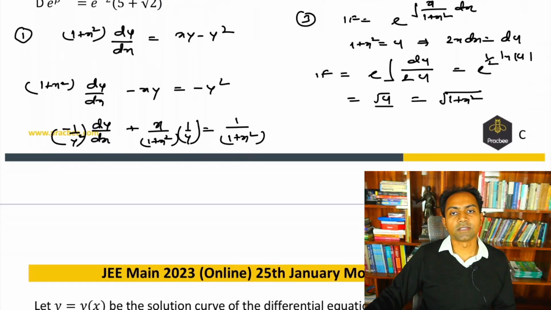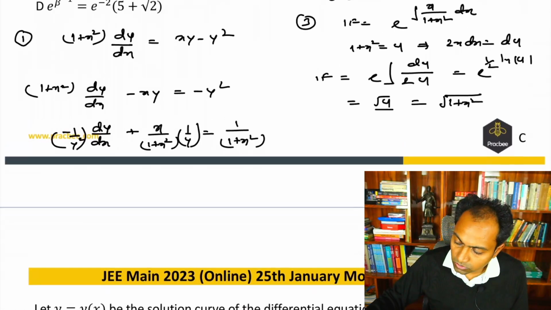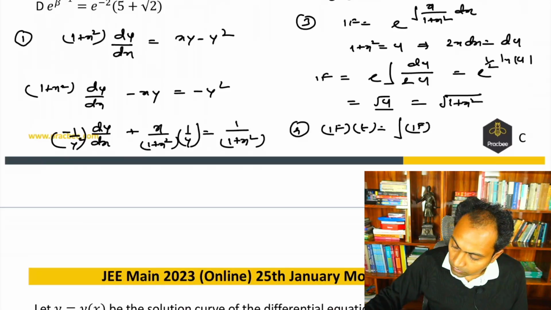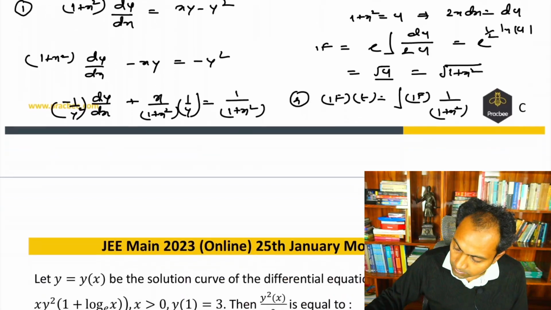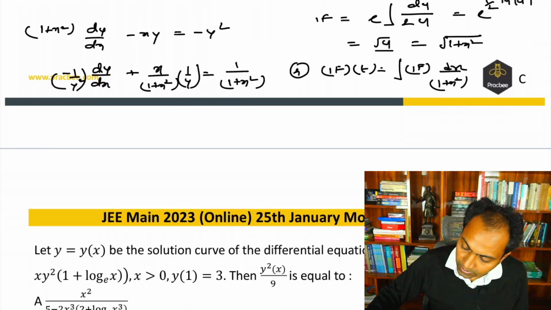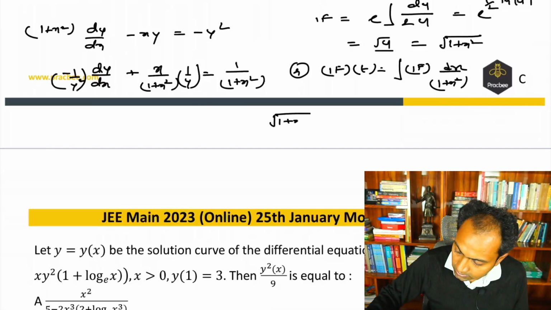Now, once you have written this, the fourth step is to get the solution of the linear differential equation. The integrating factor into t is integration of integrating factor into whatever was on the right hand side, that is 1 upon 1 plus x square dx. Let us write the left side as root of 1 plus x square into t.